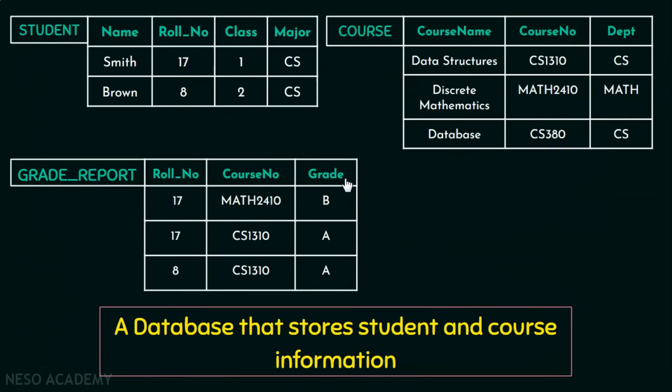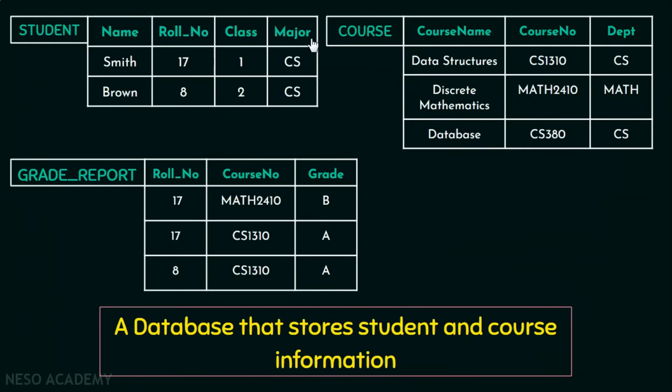As we have seen earlier, the 4 functionalities provided by DBMS, let us try to understand those functionalities better with this example. As we learned, defining the database involves specifying the data types, structures, and constraints for the data that we are going to store in the database. So here, specifying the structure of each record means specifying the different types of data elements present in that particular record. So here we have 3 records, the student record, the course record, and the grade report record. And these columns are called data elements in each record.